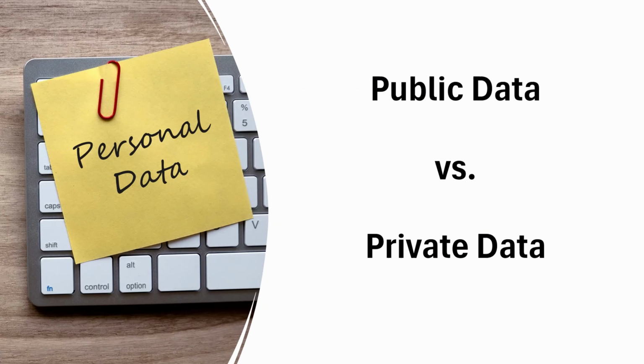So public data versus private data. Public data is everything that's known about you. A lot of the old security questions, things like what's your mother's maiden name, are actually public data because they're known about you. I can figure that out in about 20 seconds now, just by going online, doing a Google search.